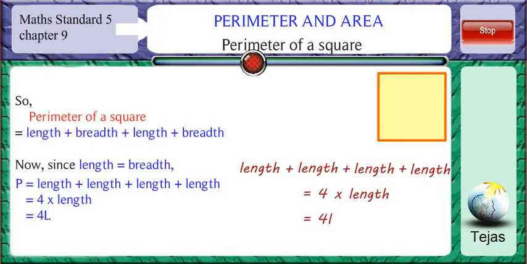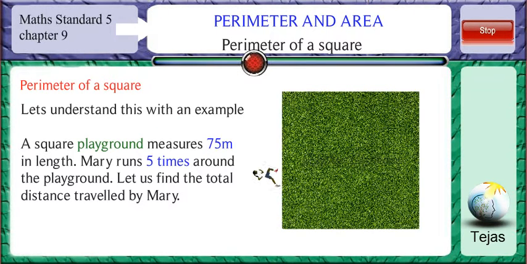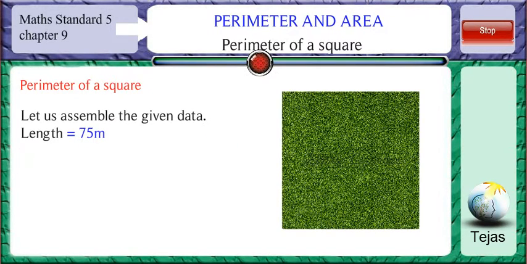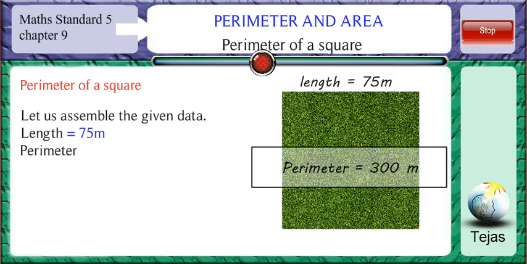Let us understand this with an example. A square playground measures 75 meters. Mary runs 5 times around this playground. Let us find the total distance travelled by Mary. Let us first write down the given data. Length is equal to 75 meters.